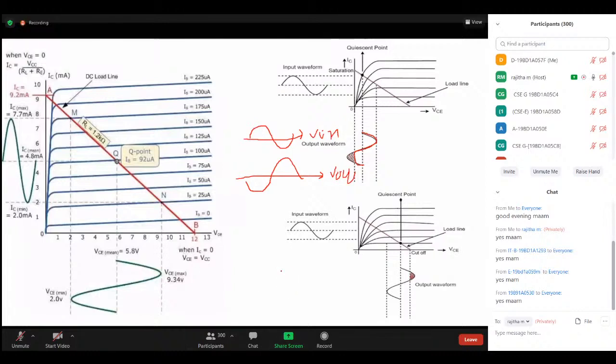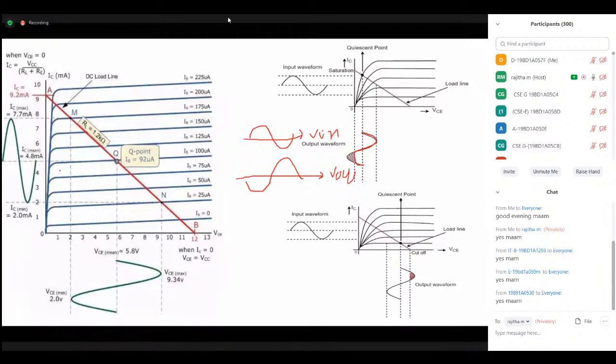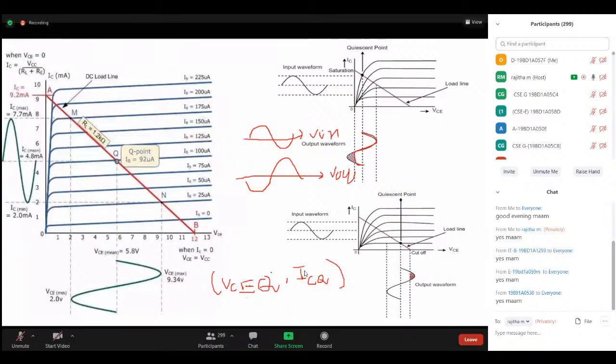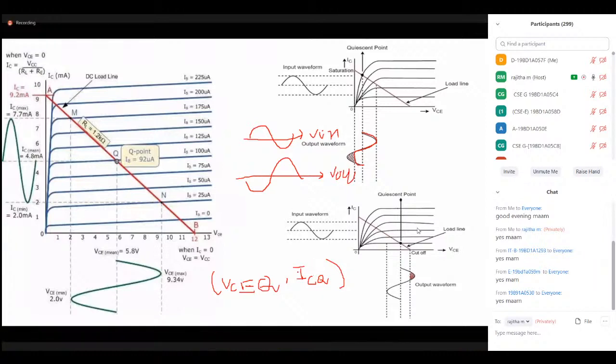In order to obtain a distortionless output, we have to maintain the quiescent point, which is known as VCEQ and ICQ. Quiescent points are nothing but operating voltages and currents due to the external DC bias. So VCEQ and ICQ are the quiescent values, right?